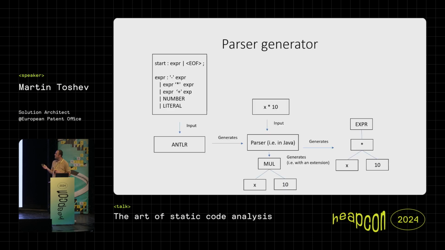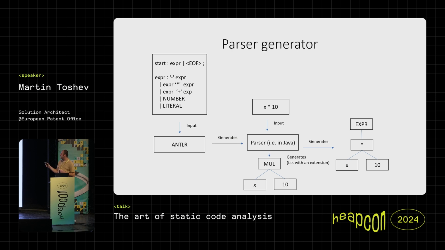For example, we have a very simple grammar that allows us to parse expressions like addition, multiplication, and so on. We feed that very simple grammar to ANTLR, for example, or it can be another parser generator that supports this format.